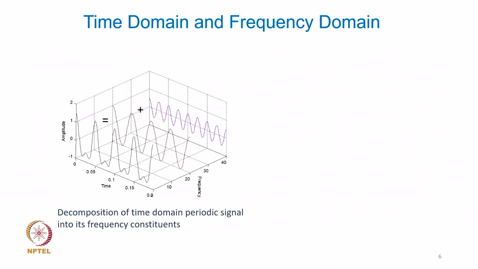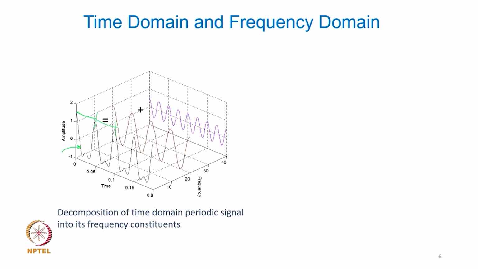Now, you must have learnt in your mathematics course that a periodic time function can be decomposed into its constituent sinusoids. So, you may imagine this kind of a periodic function. You can see that there is a definite period of repetition. It is perfectly repeating after a period of capital T, in this case maybe 0.05 seconds.